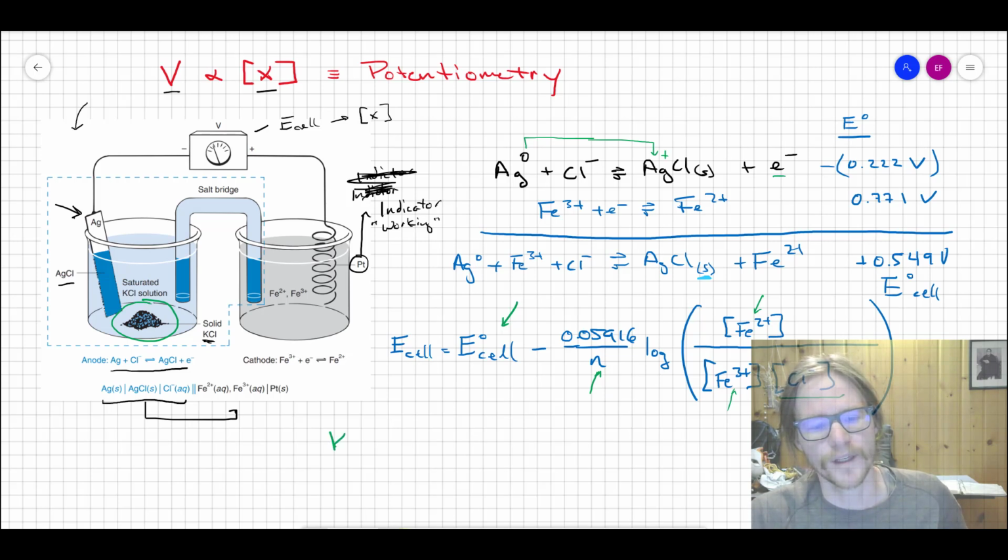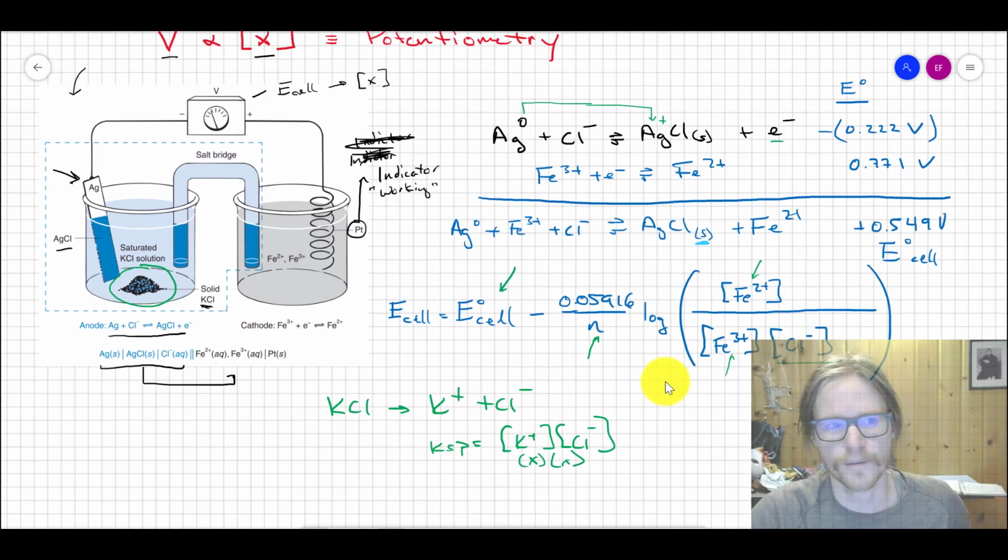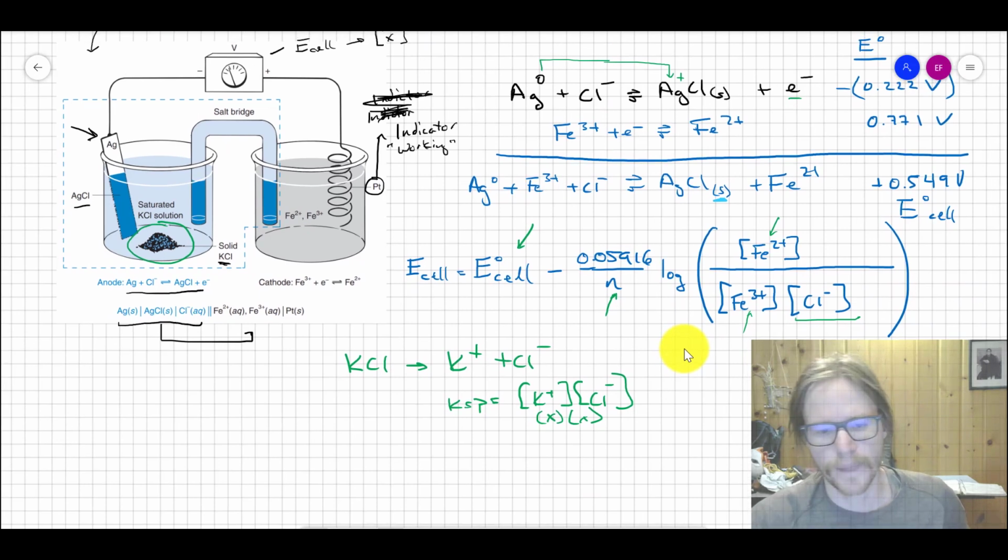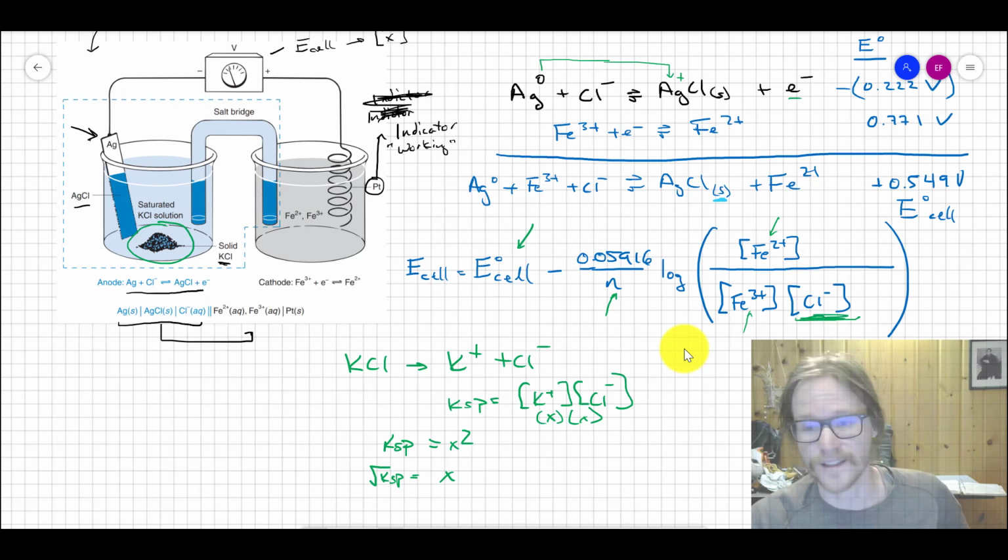So the solubility product would be KCl proceeds to make K plus plus chloride, which means the Ksp is equal to K plus times chloride, which would be x times x here, which means the Ksp here is equal to x squared, which means x, where that's the concentration of chloride, would be equal to root Ksp. So I say all of that to say that this is a constant. So we don't need to consider that because it's fixed, it's not changing.